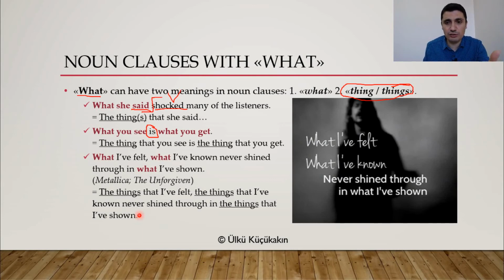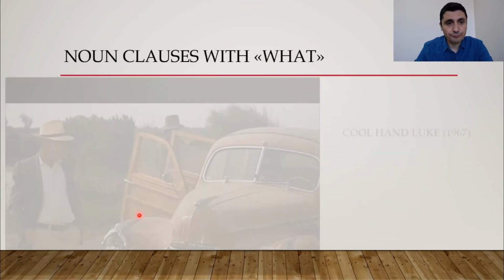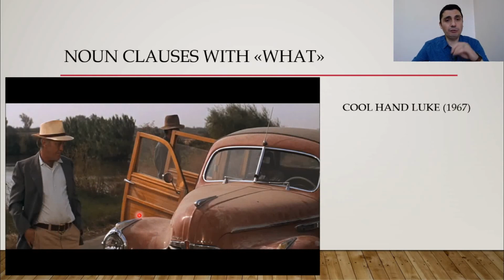So if you go and listen to this song by Metallica, The Unforgiven, you will see how noun clauses are used in sentences. All right? I have two more examples from two different movies actually, right?